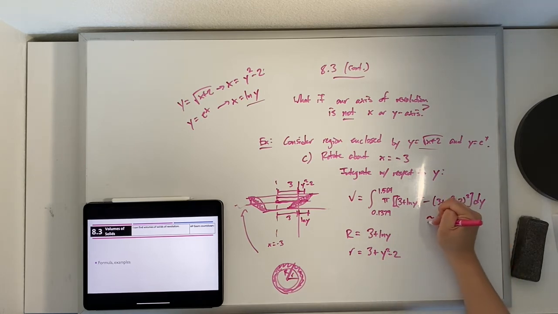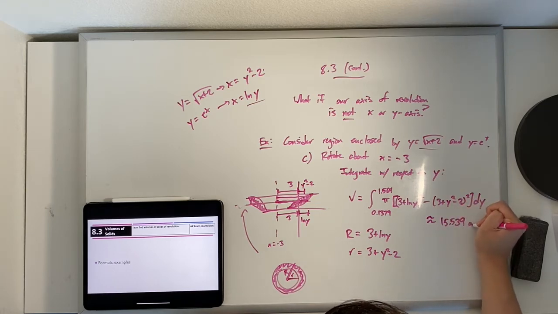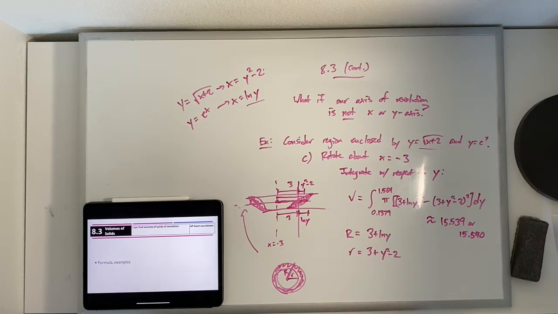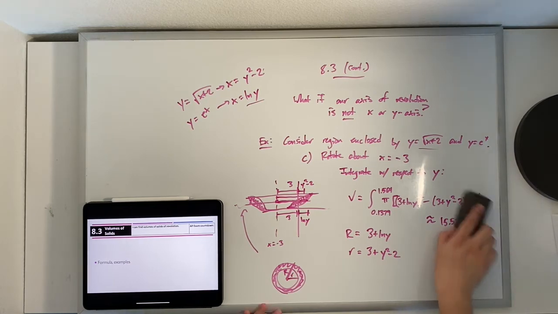Plug all of this into a calculator, and we get 15.539, or 15.540, rounding or truncating. Okay, kind of tricky, I know. I want to do one more example and then we'll generalize this to a nice formula.